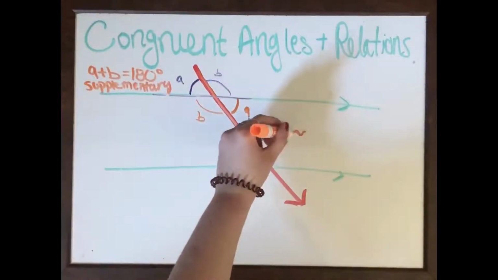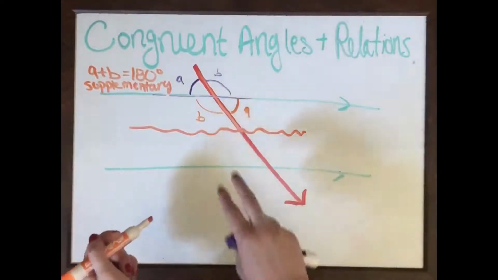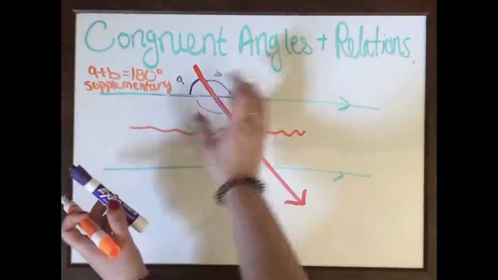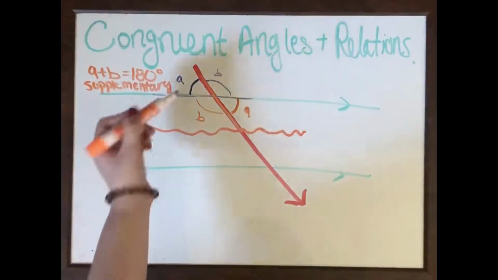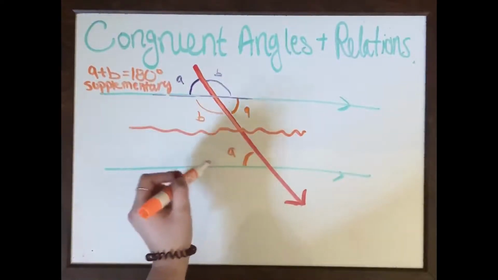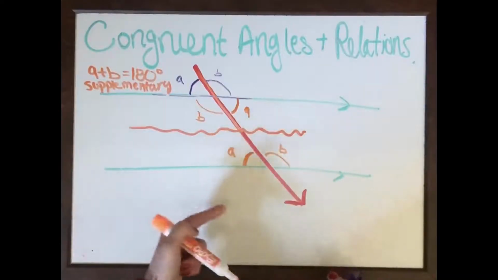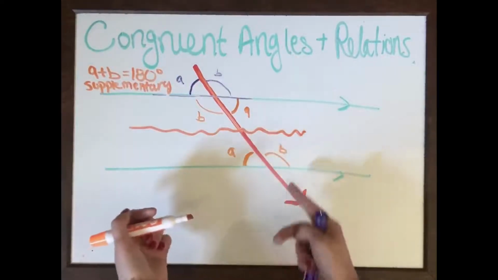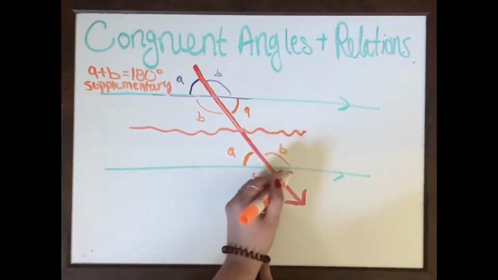So we can think of this as a completely new line, but we don't really have to, because we already know we're going to mirror what's up here down here. So this angle A is going to be right here. This angle B is going to be right here. And then, from what we know before, across the line, this will be B, and this will be A.